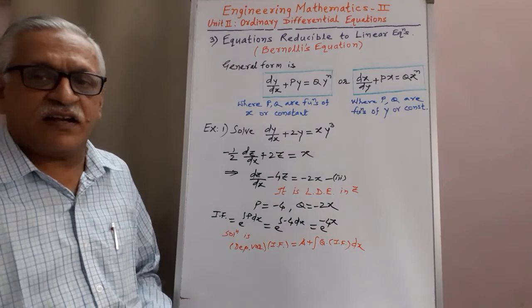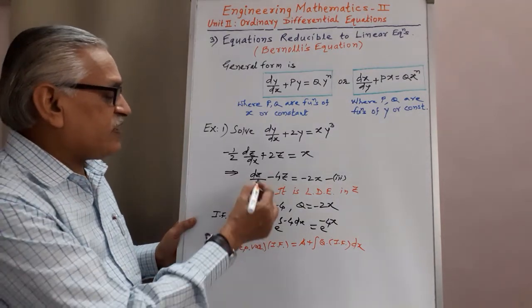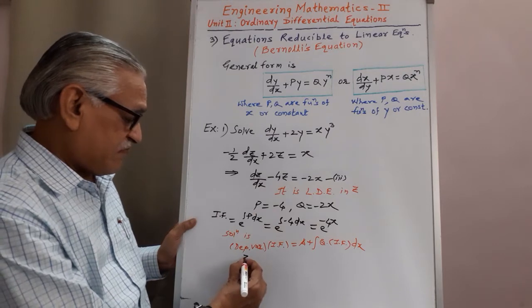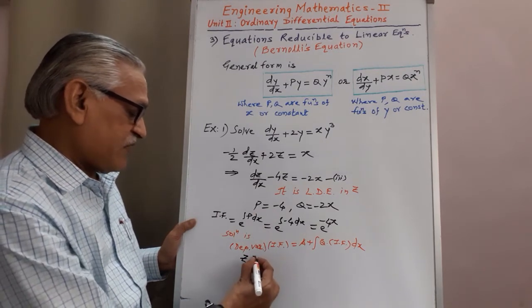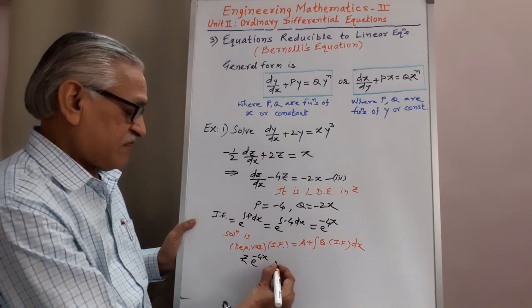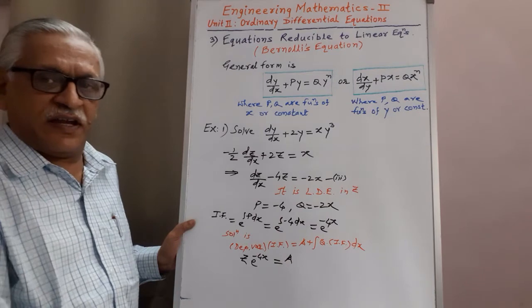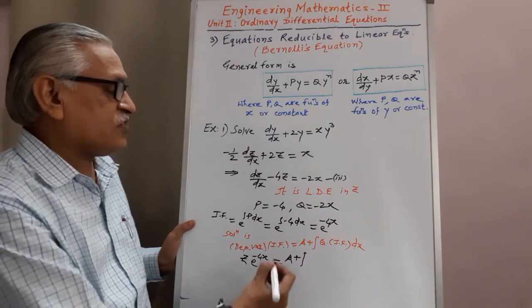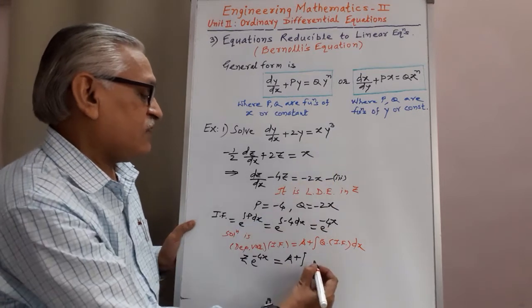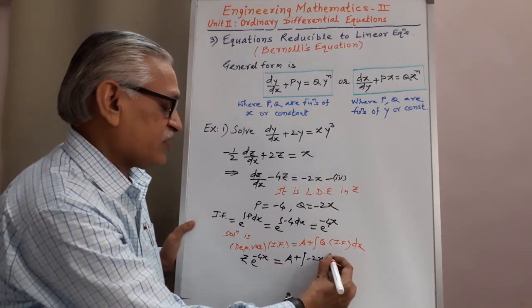Applying this standard formula, here the dependent variable is z, integrating factor e raised to minus 4x, is equal to constant of integration a plus integration of Q into IF, the value of Q is minus 2x e raised to minus 4x.